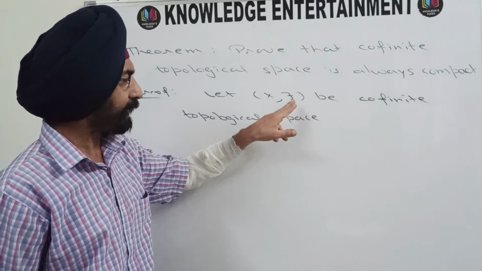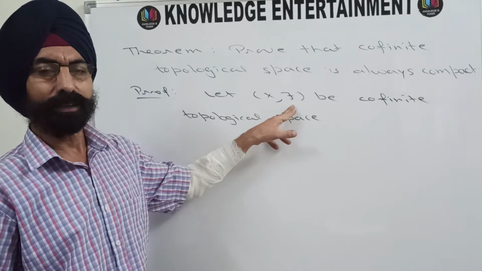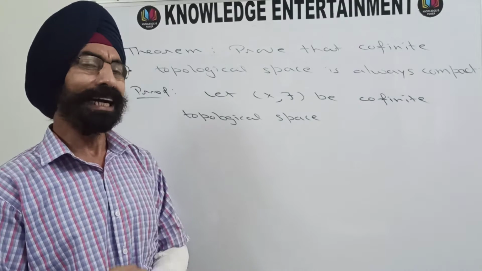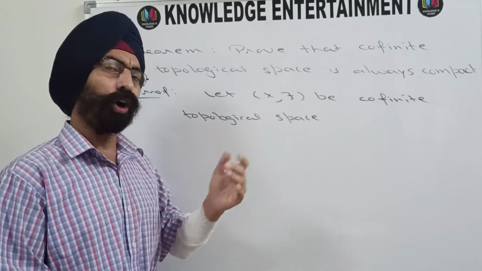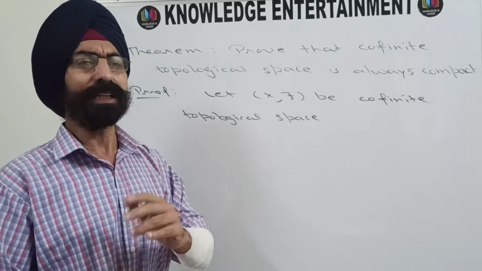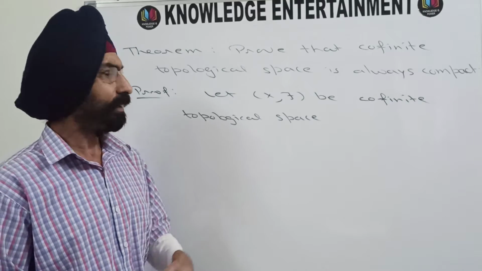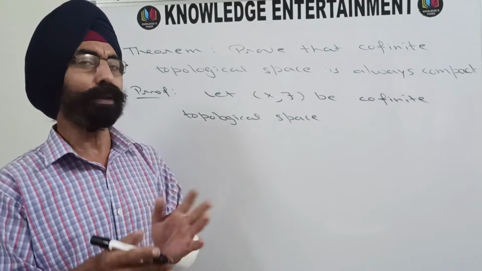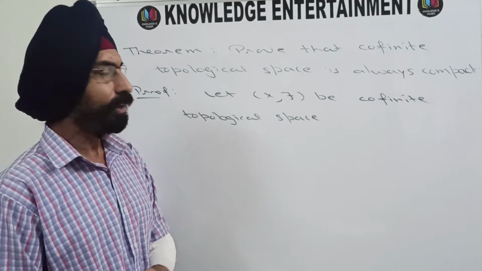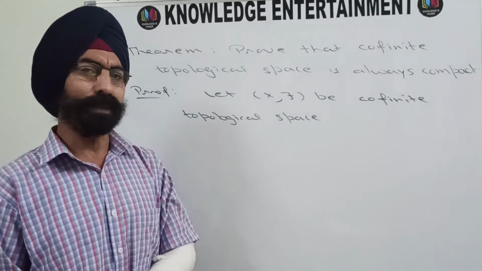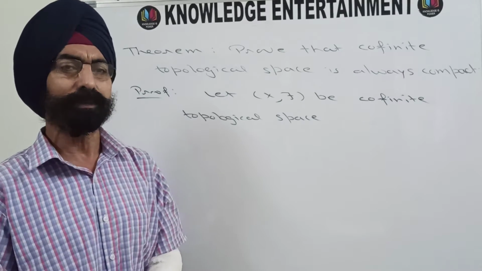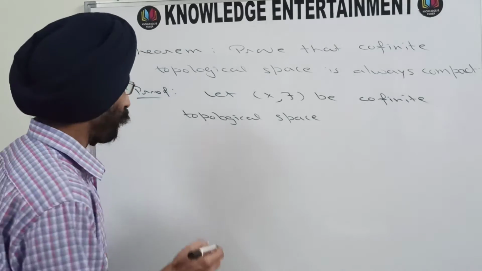So that means this top, the topology on X, it contains the sets, either the set in the top it is phi, or otherwise it is X, or if some other sets are there, then their complements must be finite. So to prove that it is a compact space, what I will have to do, I will have to take one open cover and I will have to find some finite subcover of that.